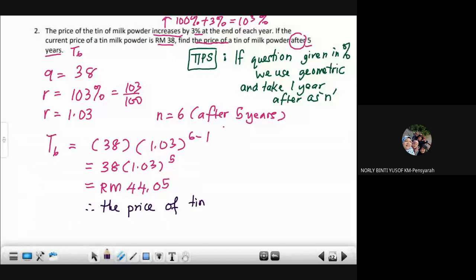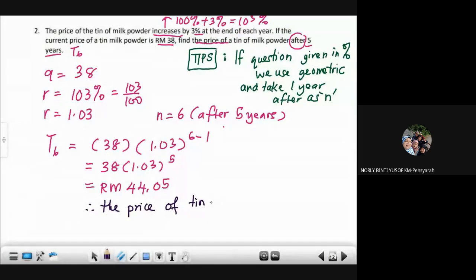Tadi dia kata how much he has saved. Maksudnya dah save berapa bulan tu jumlah keseluruhan. Itu perkataan. Kefahaman dari segi bisnes dengan ekonomis lah. Yang ni dia nak price tu setelah 5 tahun. So it's still TN.